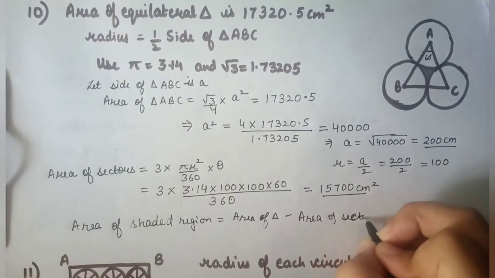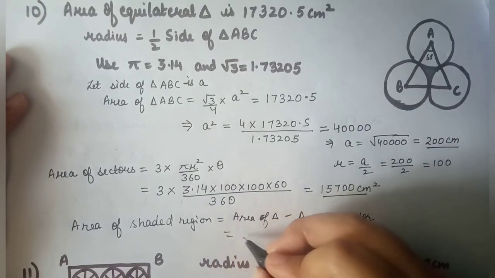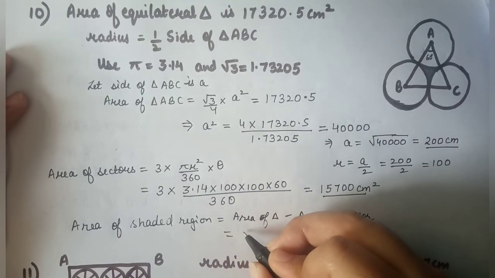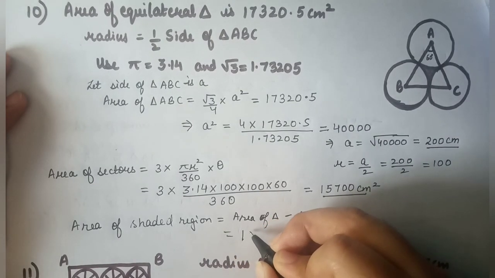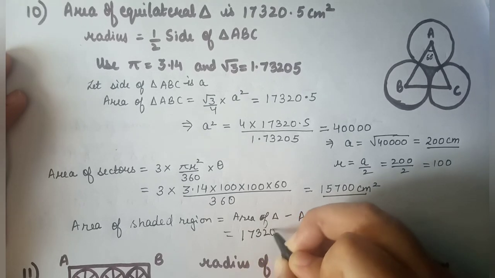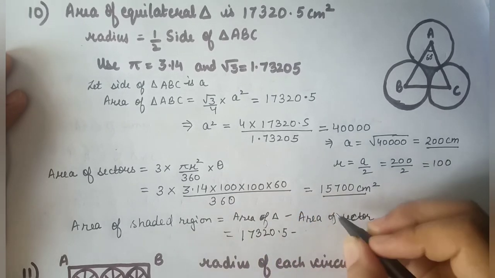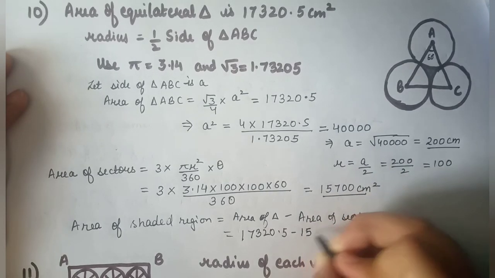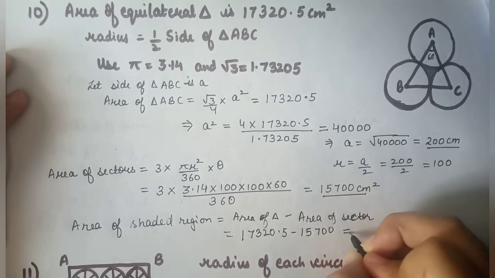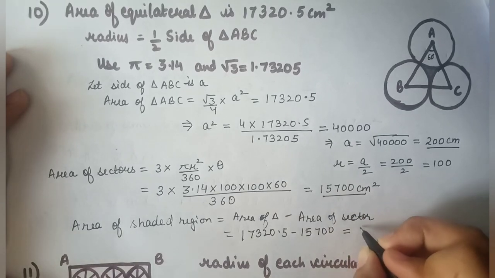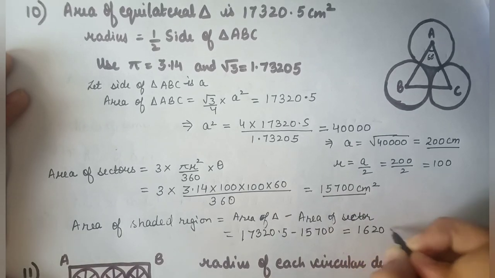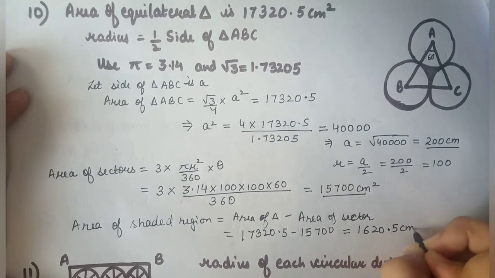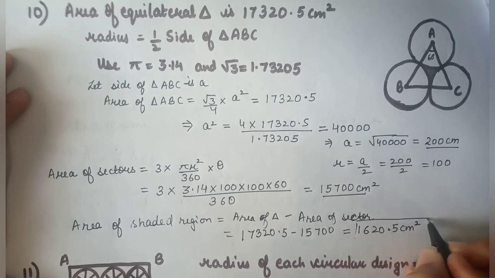Area of triangle is given, it is 17,320.5 and area of sectors is 15,700. On subtracting you will get the answer as 1,620.5 centimeter square. So this is your answer.